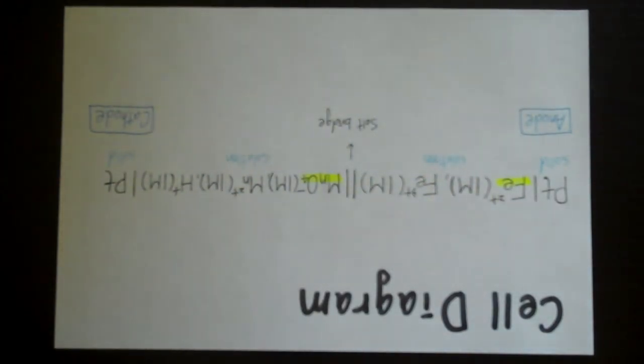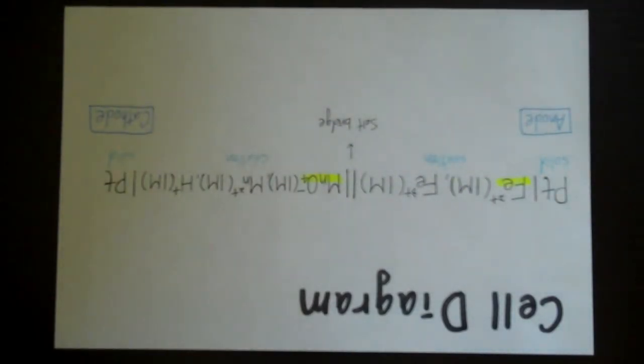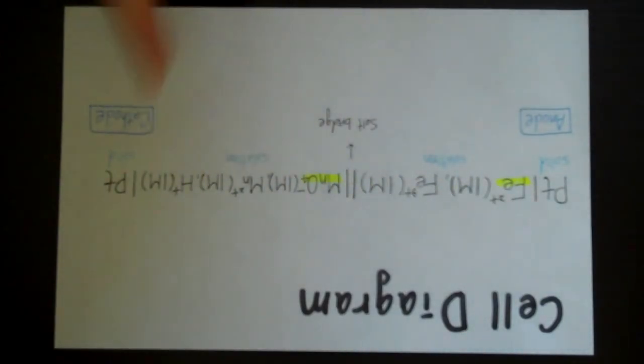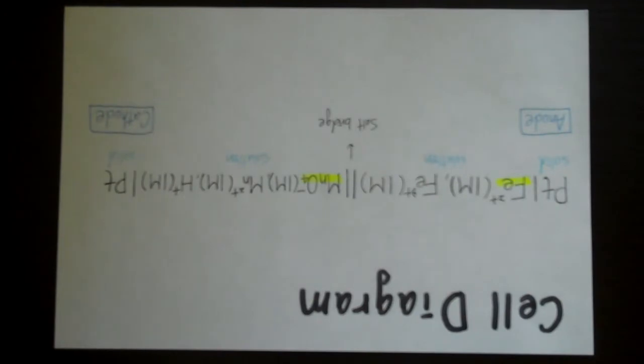The single vertical lines represent phase changes between the solid electrodes and the solutions. The double vertical lines represent the salt bridge. The concentrations of the solutions are shown in parentheses. The order in which the chemicals are written within each cell is not important.